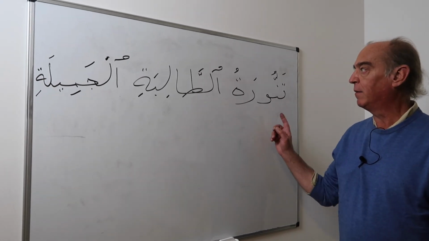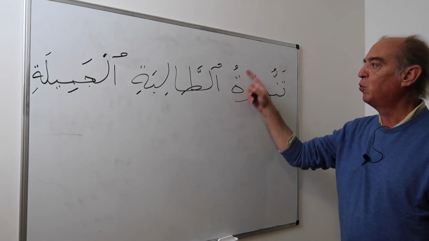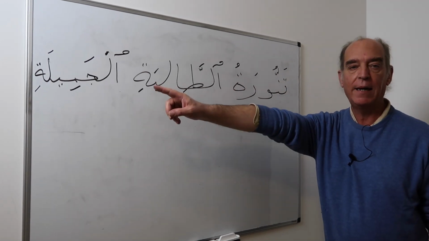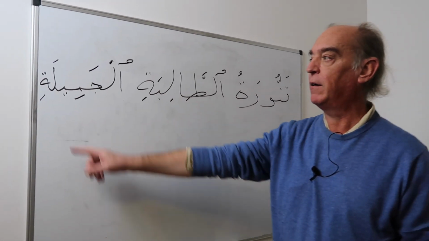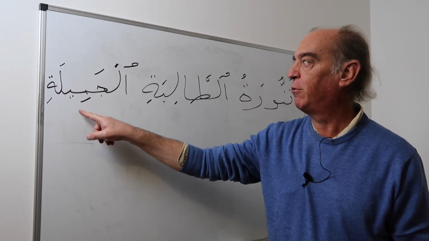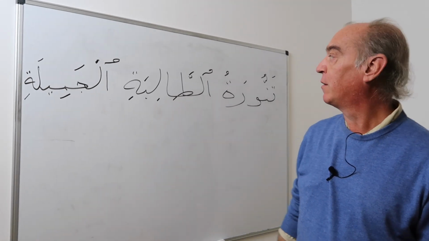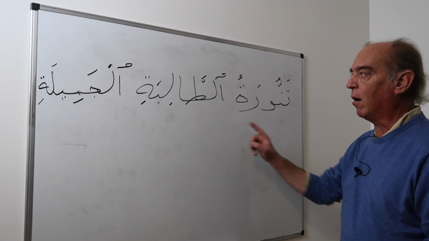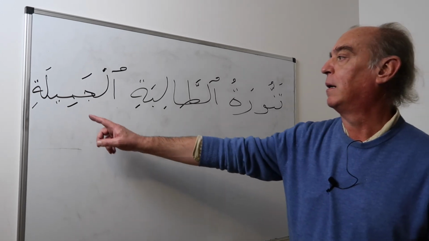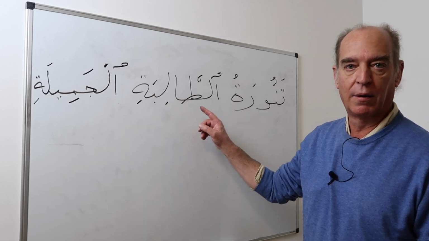Now pay attention, it's not the same example. I wrote tanuratu talibatil jamilati. So here the genitive implicates that Jamila is referred to the she student, the skirt of the beautiful student, female student.